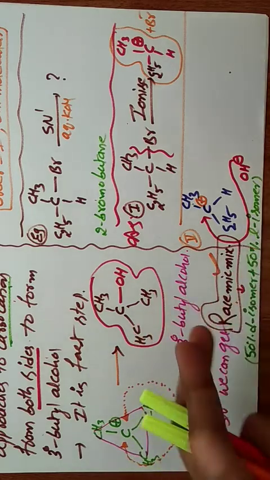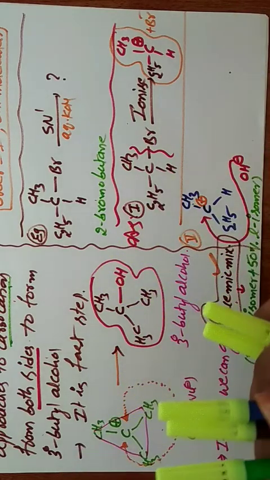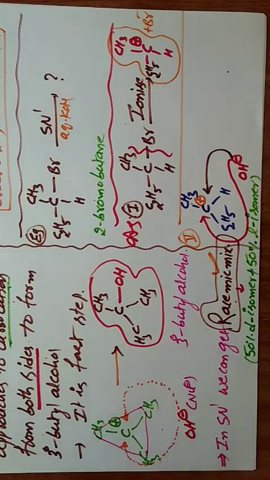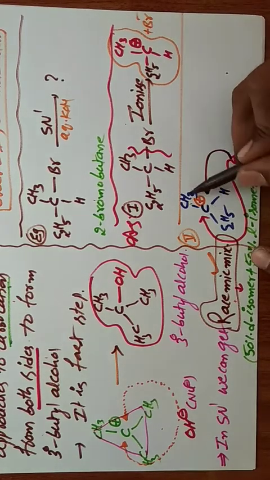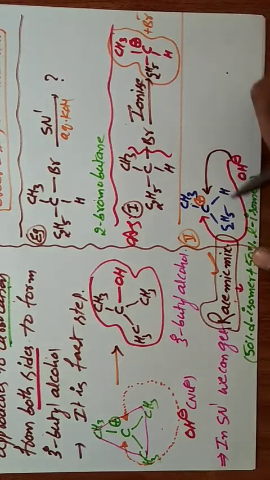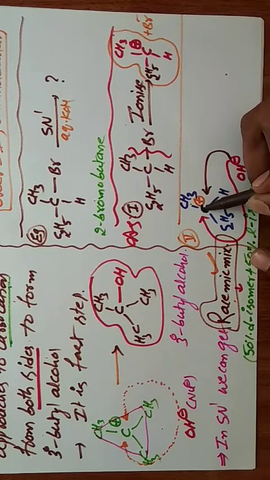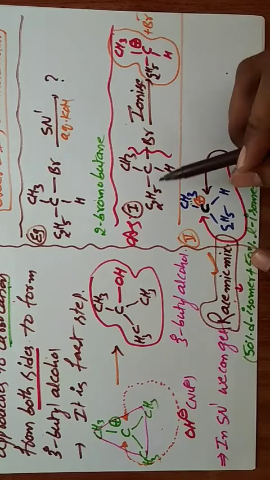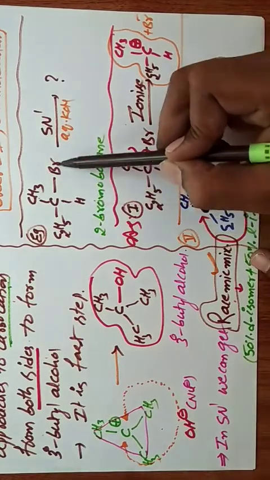So here we get two products because this is an asymmetric carbon. Asymmetric carbon means four atoms or groups are different. Hydrogen different, C2H5 different, CH3 different, Br different. That's why this carbon is an asymmetric carbon. So if the alkyl halide has an asymmetric carbon, we get two products.